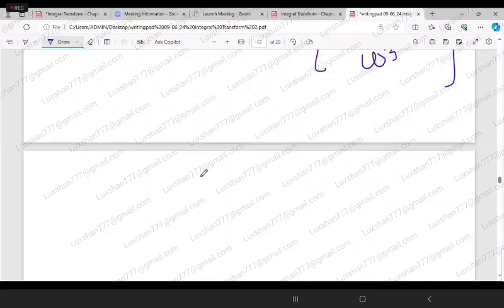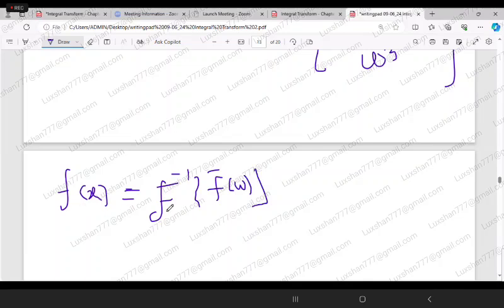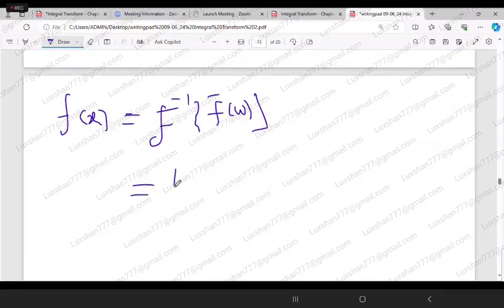So we are having something similar. So according to the definition, the inverse Fourier transform of f bar omega is f(x), which is equal to 1 over 2 pi, integration from minus infinity to plus infinity.